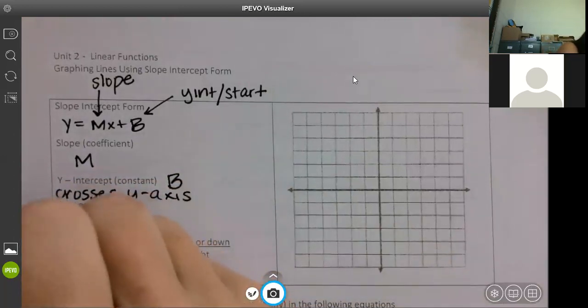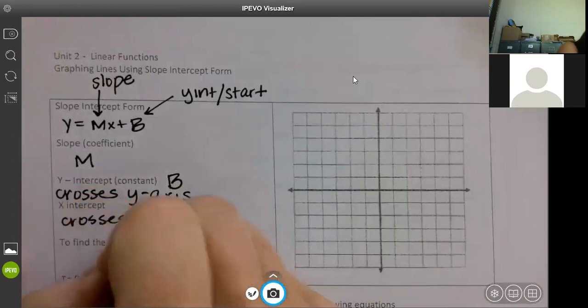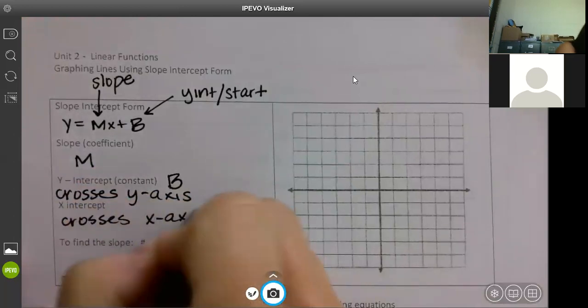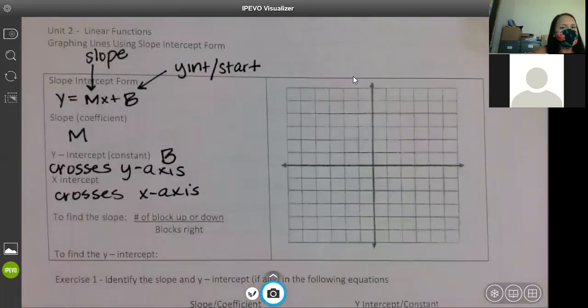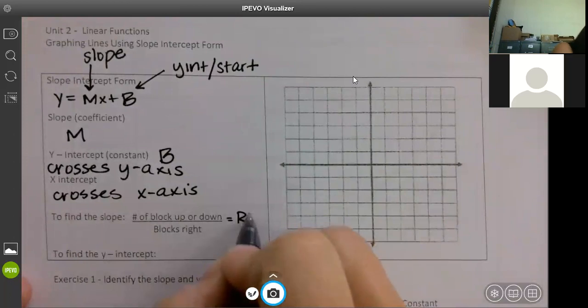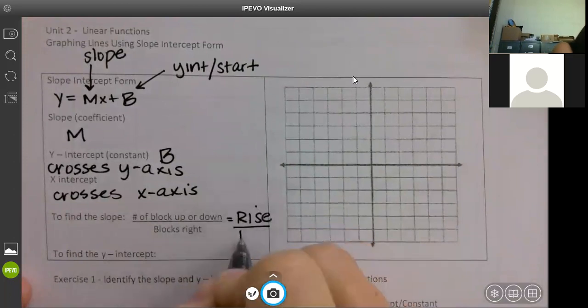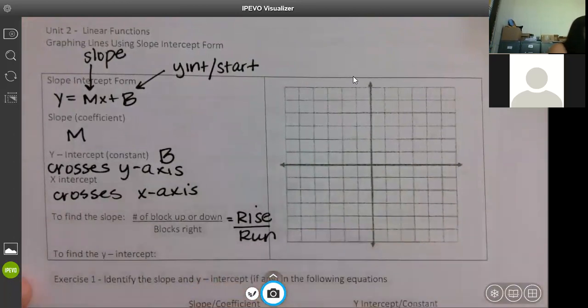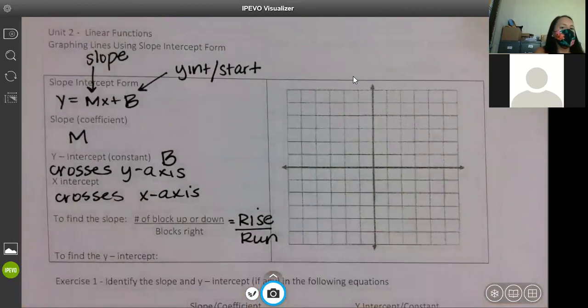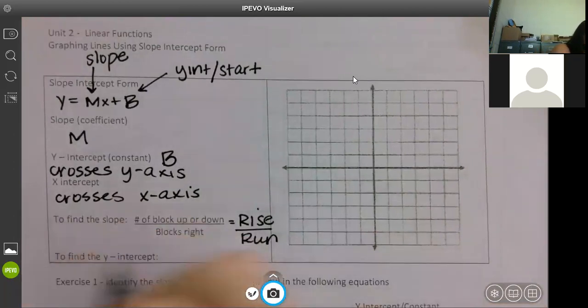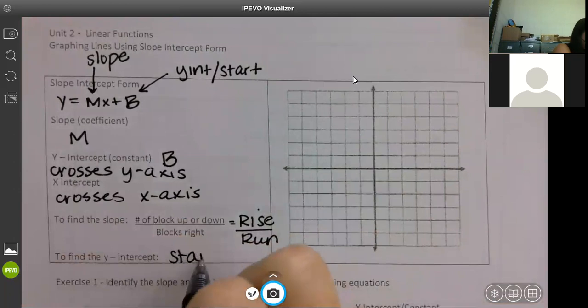Cross the x-axis. Very good. All right, so to find the slope, this has some crazy stuff right here. This is the same thing as rise over run. And then to find the y-intercept, remember it's where we start, okay?